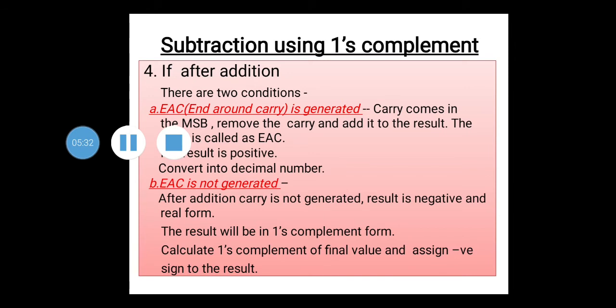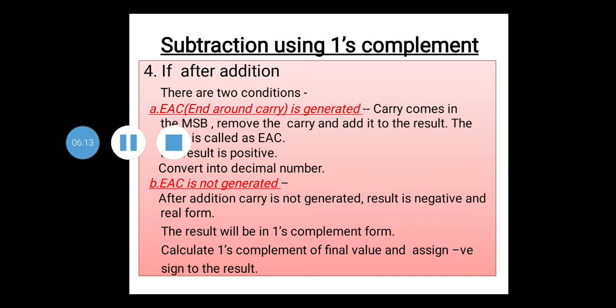If it is generated, then it is very important to note that you are going to remove the end carry from that position, and add that end carry to the result you get, and do the binary addition. After the addition is done, whatever binary number you get is positive, and you are going to convert that binary number directly into a decimal number. So that is the final answer.